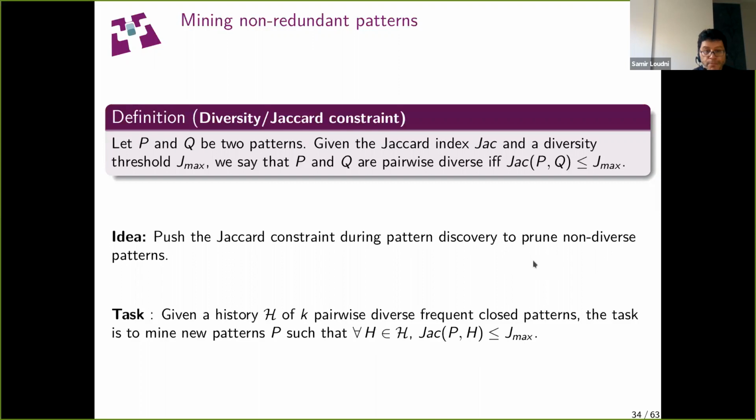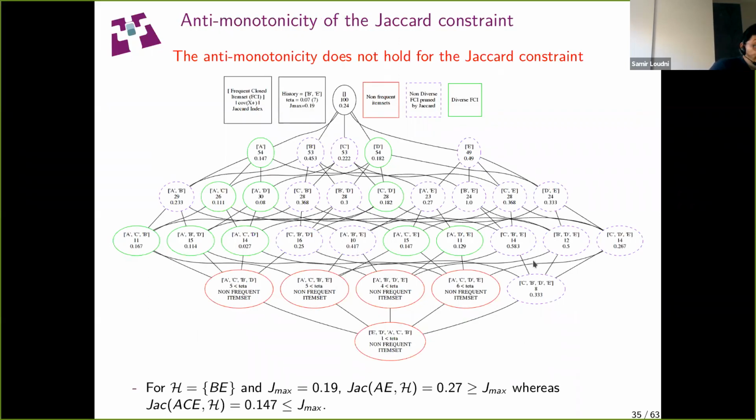But this is not good news. This is related to the anti-monotonicity of these constraints. As I said in the previous slide, several mining algorithms exploit some kind of properties on the constraint to perform pruning.